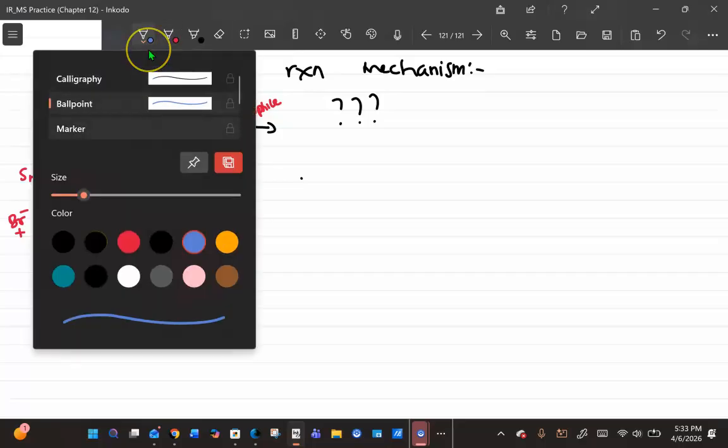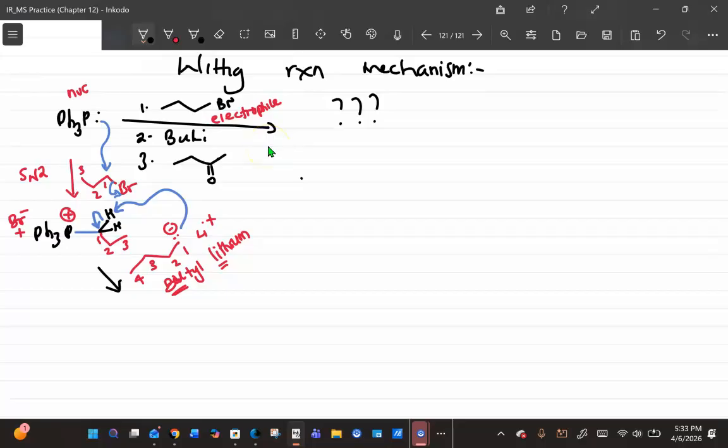So step number one, like in electrophilic aromatic substitution, where we were making electrophiles. Here, step number one is formation of the ylide. This is our ylide that can do resonance to give you the one with the double bond. So if you push this here, phosphorus can take more than an octet.